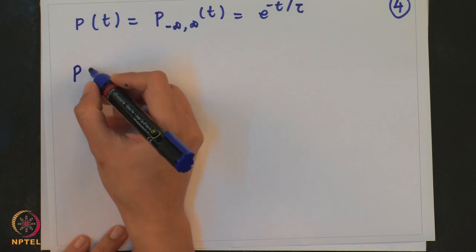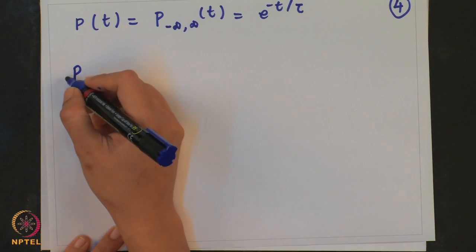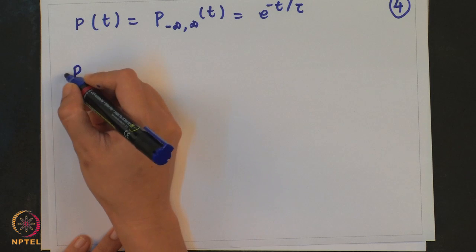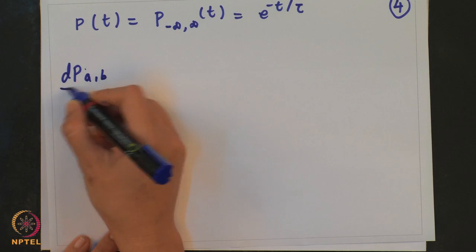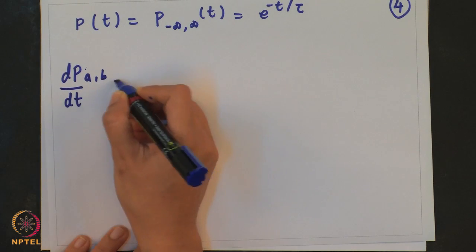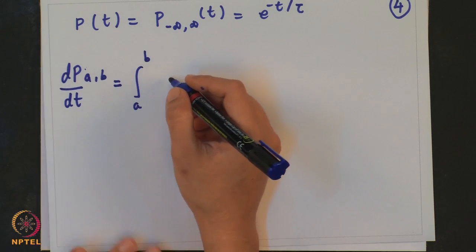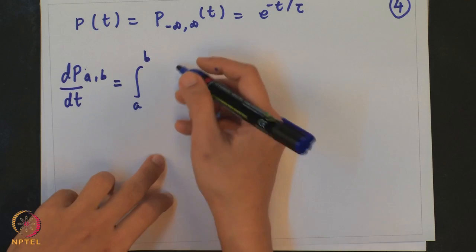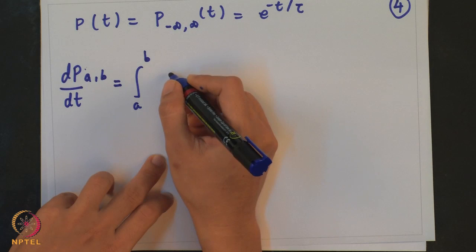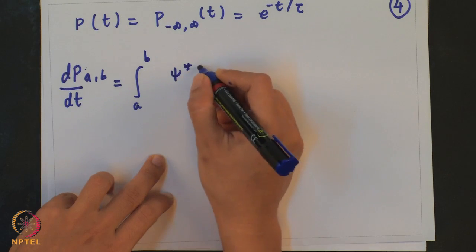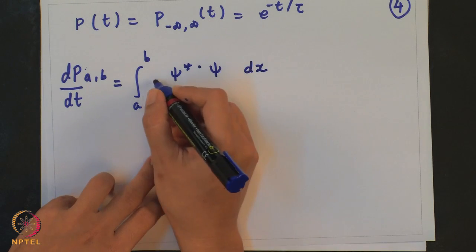So, now the probability is given by the probability density, which we calculated in the previous example. Let me write a shorthand notation again: p of t is the integral from a to b of psi star psi dx, and then I take the derivative.